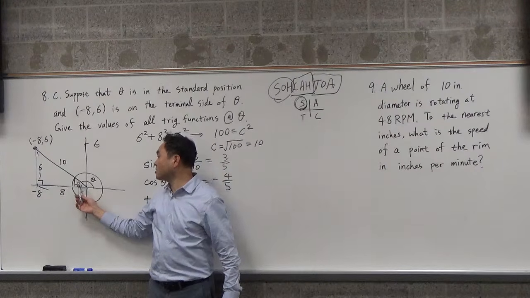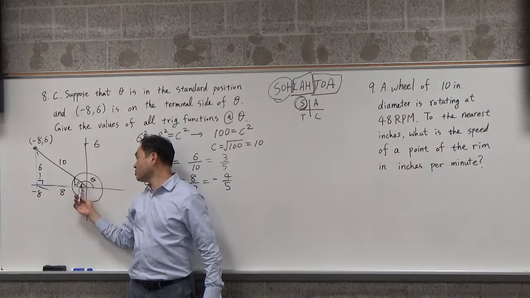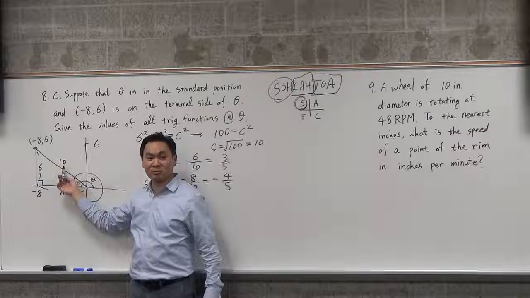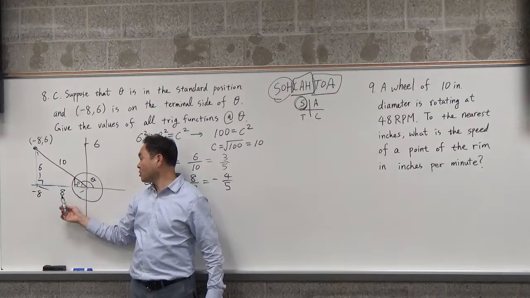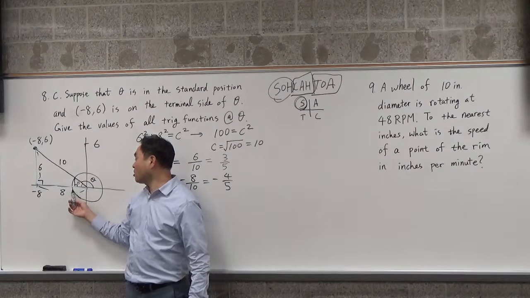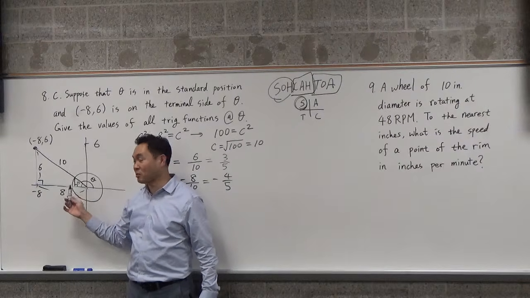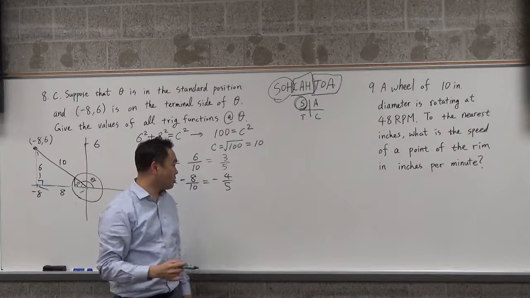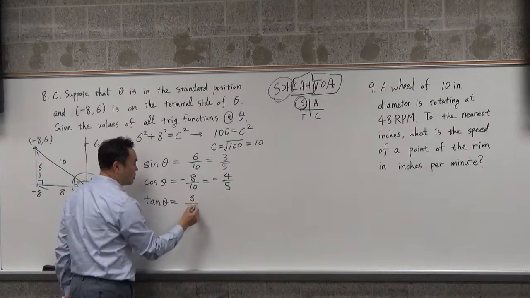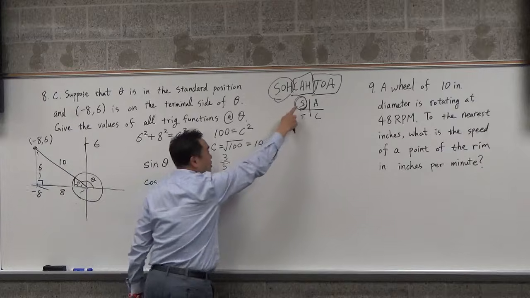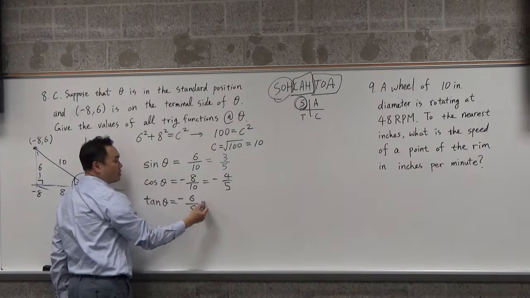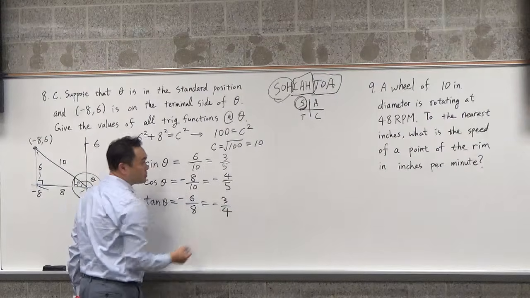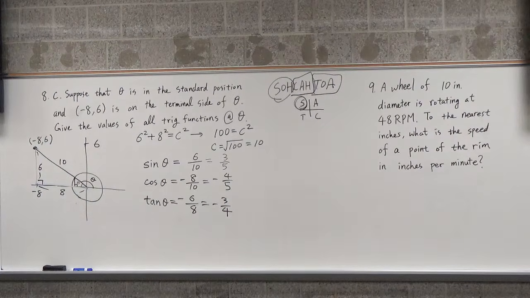The opposite of this angle is 6. Adjacent to this angle is 8. Now this side is also adjacent, but this has a reserved name. That's a hypotenuse, okay? So when we say adjacent, we're really talking about the adjacent leg, not the hypotenuse, okay? So TOA says opposite over adjacent, so that must be 6 over 8 with minus because of this. All students take calculus. And if you reduce top and bottom, it will be negative 3 over 4. Okay.